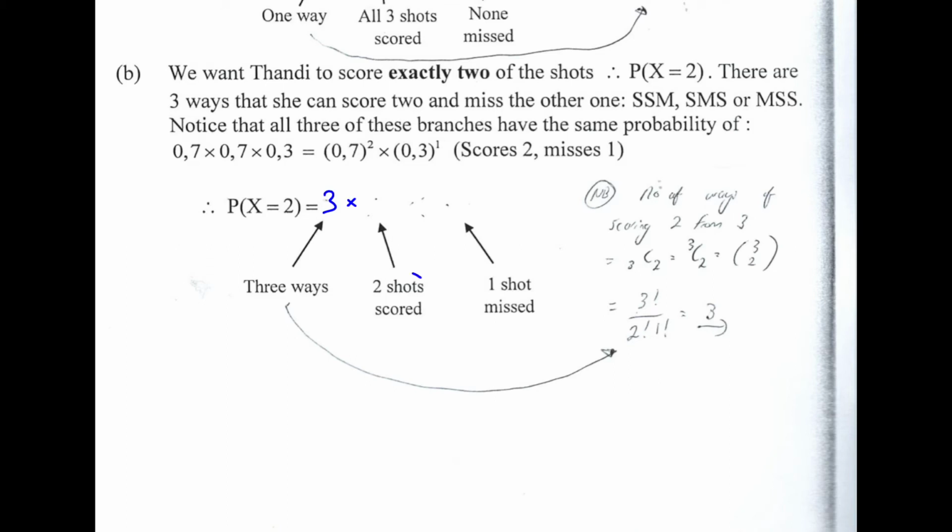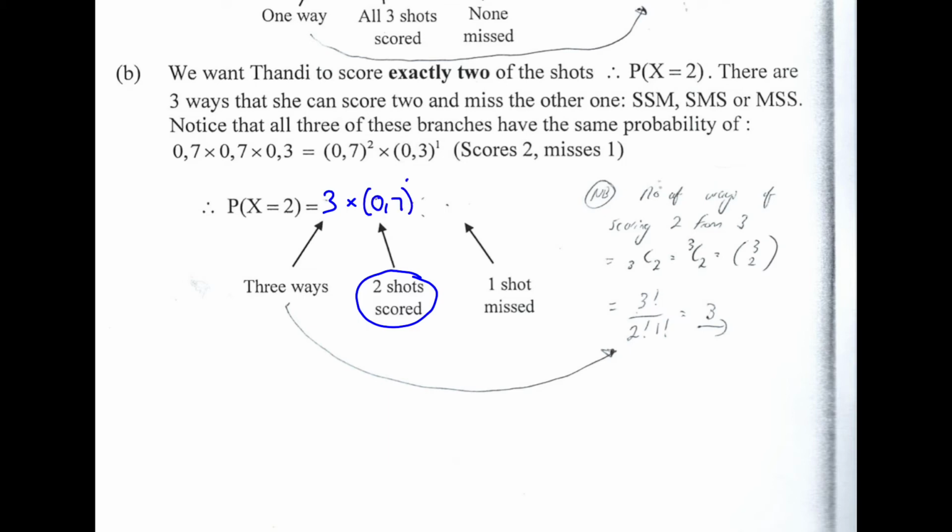And now we're looking at her 2 shots scored. Remember, the first part of our working out here is how many ways the outcome can happen, not taking the order into account. Either she scores twice and then misses, or scores, misses, and scores, or she misses and then scores twice. There are 3 different ways. Now we're looking at the 2 shots that she scored, and remember, the success is 0.7 of her scoring.